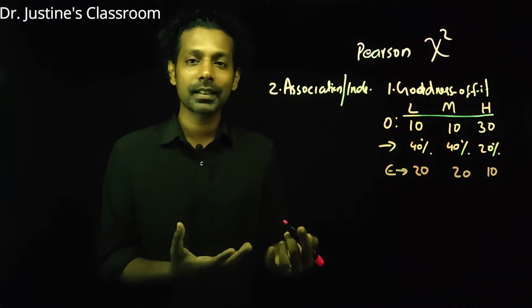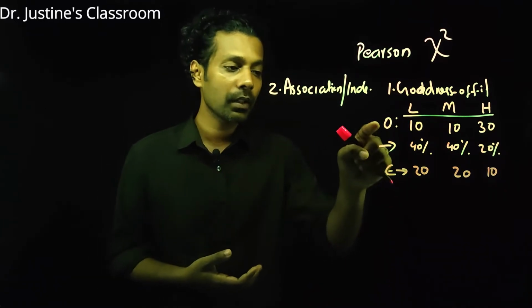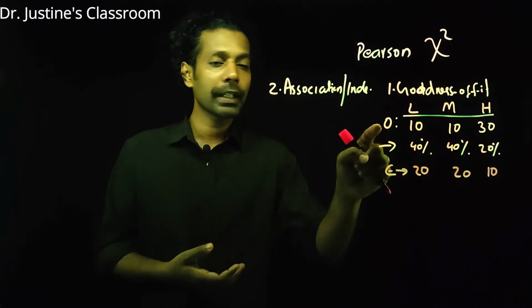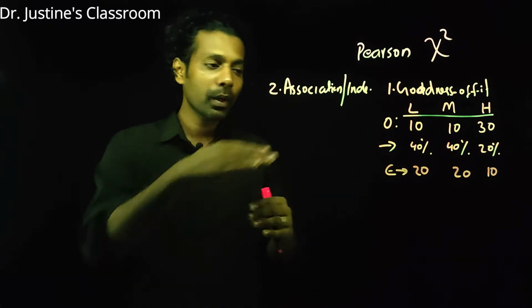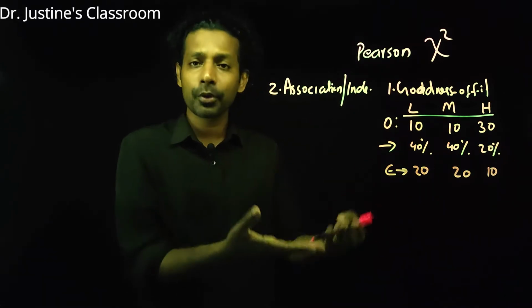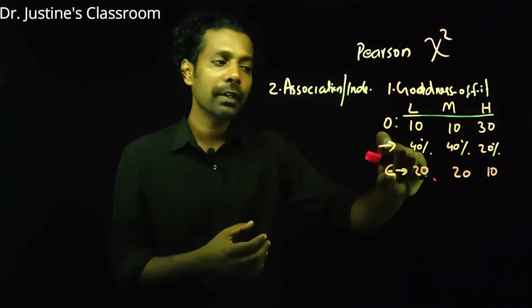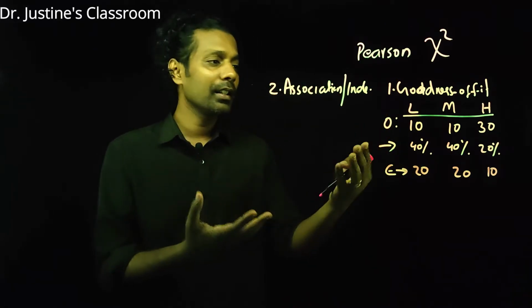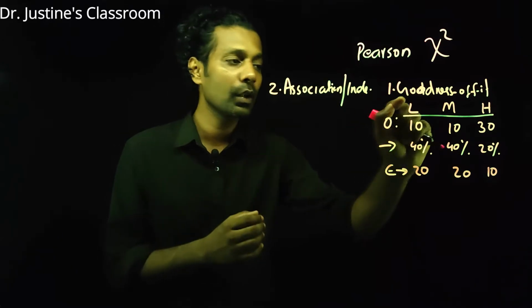What I'm going to understand in this context, in terms of the equation, is how much deviation exists between O and E, observed frequency and expected frequency. I have data and I'm trying to fit it with a distribution pattern or any kind of expectation that I had. If it fits very well, we say the data is fitting the distribution that I expected. This is called goodness of fit.